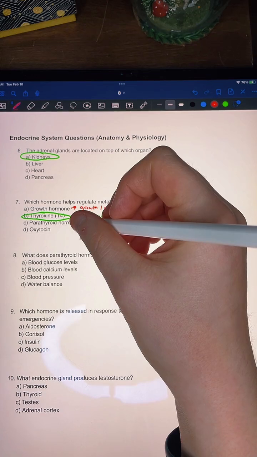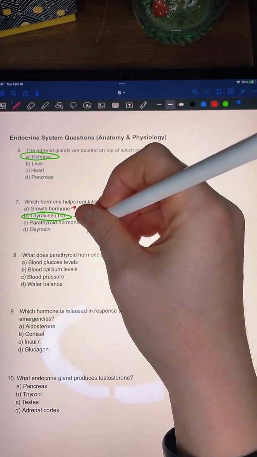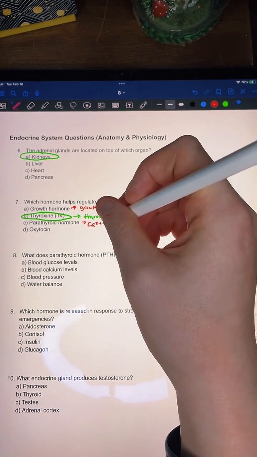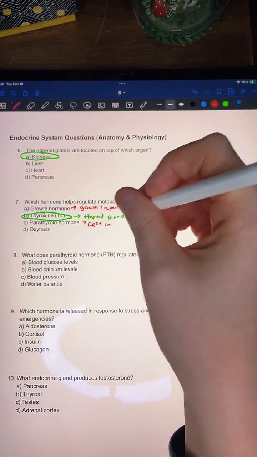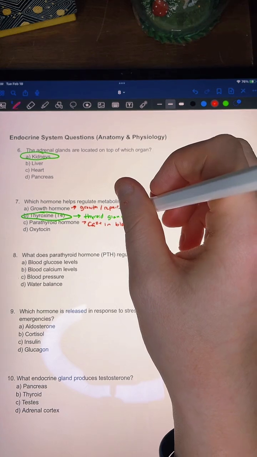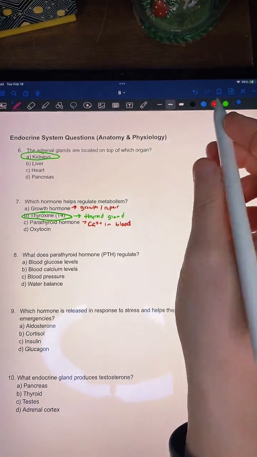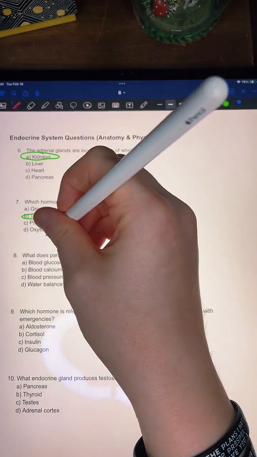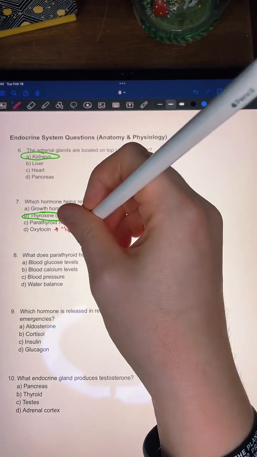For parathyroid hormone, this controls calcium levels in the blood, so it wouldn't do metabolism. And then oxytocin is always called the love hormone.